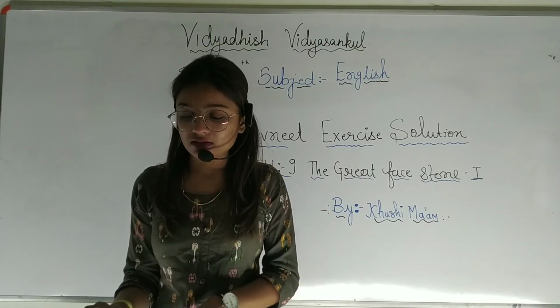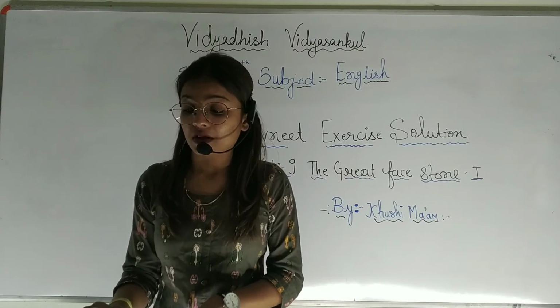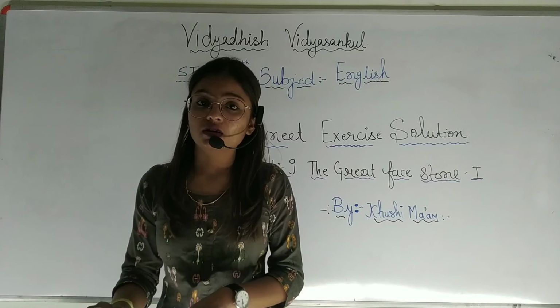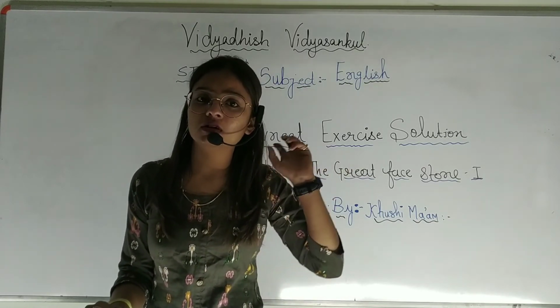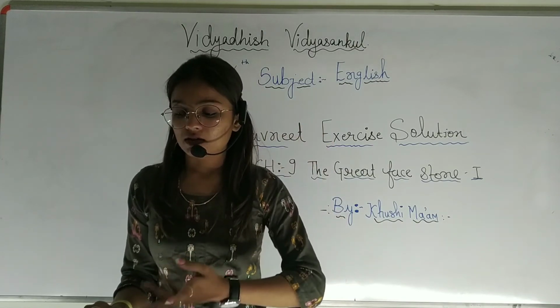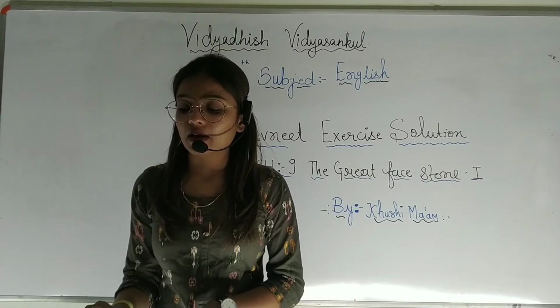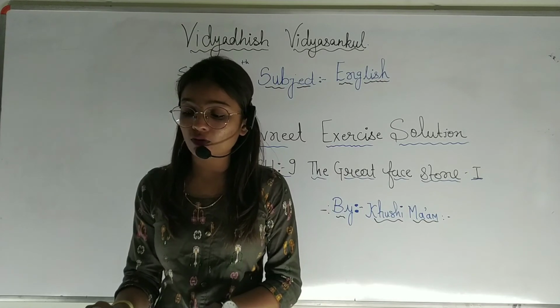Next, students, and last, how did the people's opinions change about Gathergold after his death? Gathergold died, his wealth having disappeared before his death. Means, before his death, all his wealth and gold had disappeared. Since the melting away of his gold, it had been generally believed that there was no likeness between the ruined merchant and the majestic face upon the mountain.